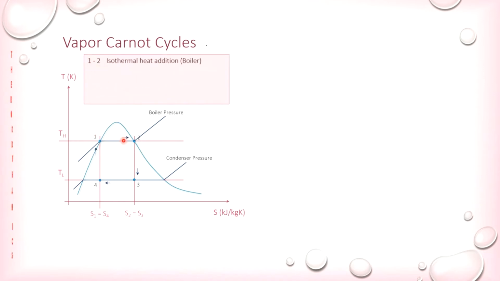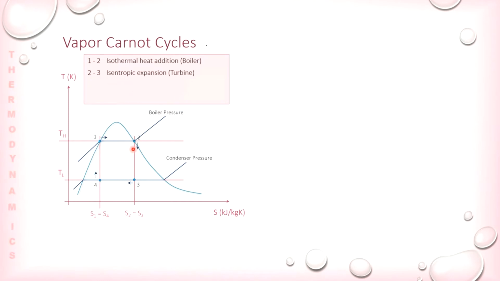State point 1 to 2 is the isothermal heat addition, heat supply. The device we use for this process is the boiler, the steam generator. You can see there is an increase in entropy, which is why we say heat supply is here.